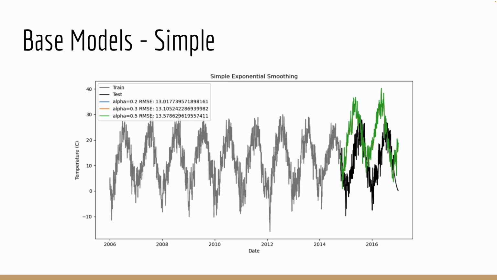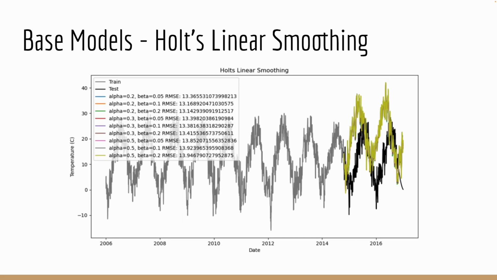Next up we have the Holt's linear smoothing. I also set up different alpha and beta values along with the RMSE, and you can see how the larger alpha values tend to have a larger RMSE value.